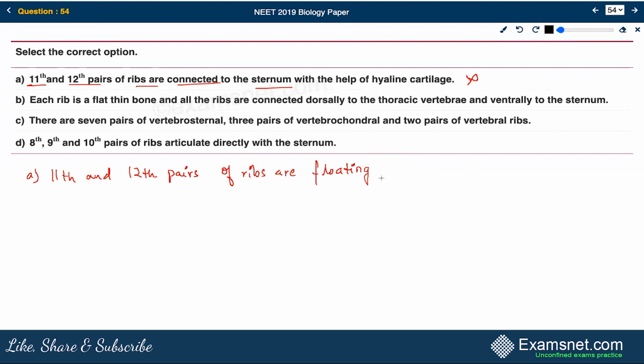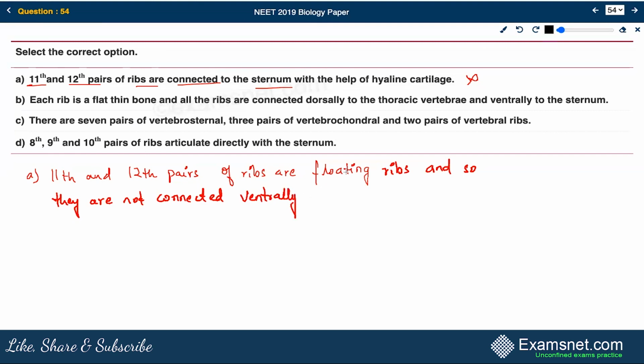These are floating ribs. All right. So these are considered to be floating ribs, and they are not connected ventrally.